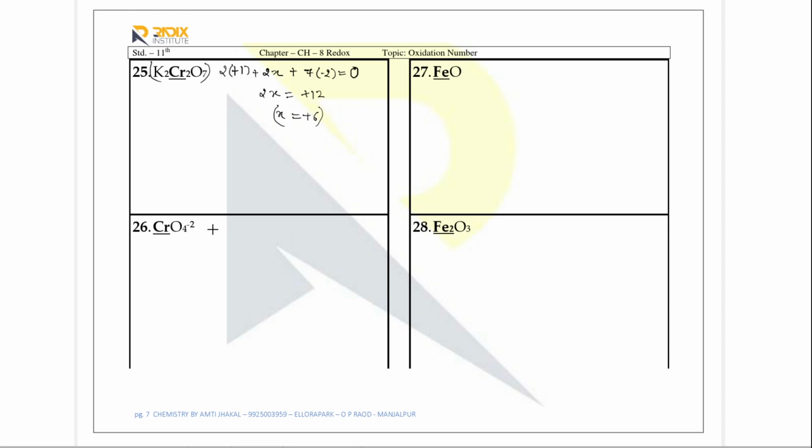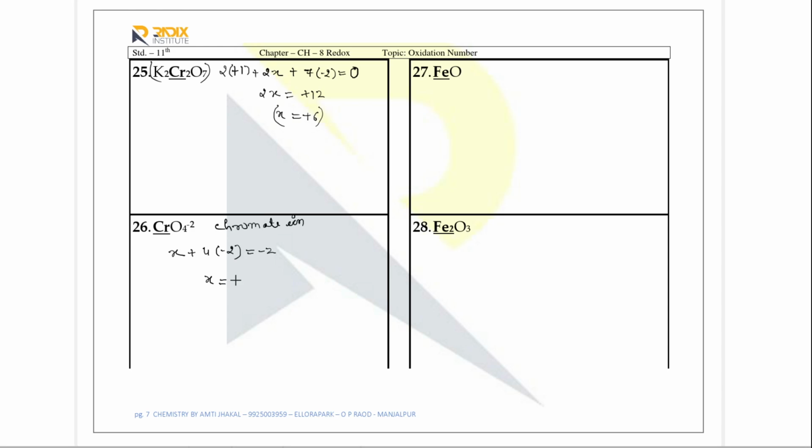CrO4 2-. This is the chromate ion, not dichromate. Dichromate has Cr2O7, here it is CrO4 2-, that is chromate ion, right? So here chromium oxidation number X plus 4 into -2 is equal to -2.